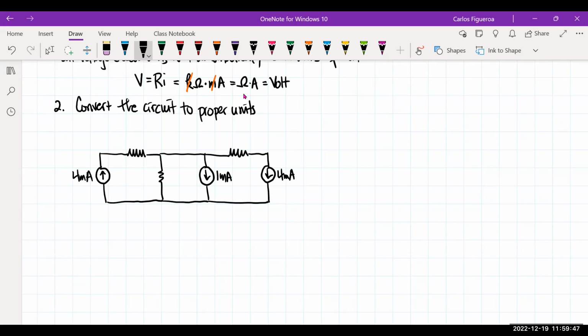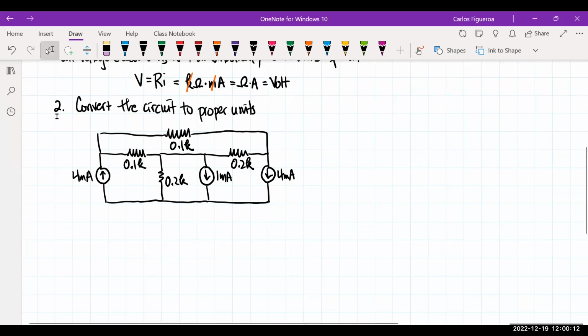Then we know that this is 0.1 kilo ohm, this is 0.2 kilo ohms. And then we have a resistor up here, which is 0.1 kilo ohm. Oh, this is 0.2 kilo ohms.